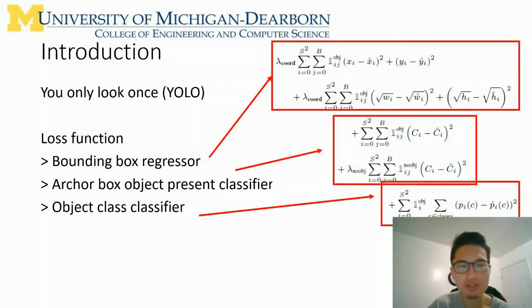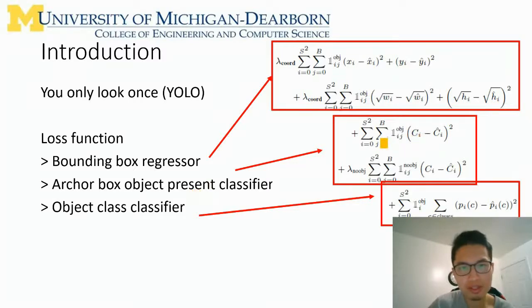The loss function consists of three components. The first is the bounding box regressor, which compares the predicted coordinates, width and height of the bounding box with the ground truth coordinates, width and height.